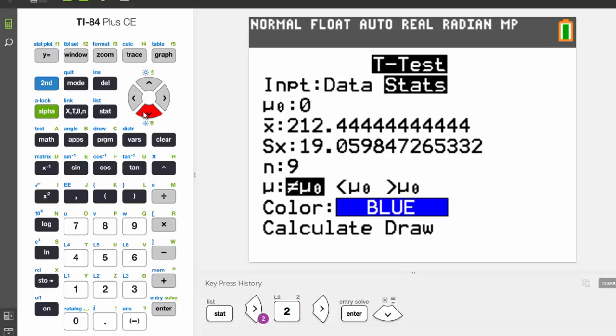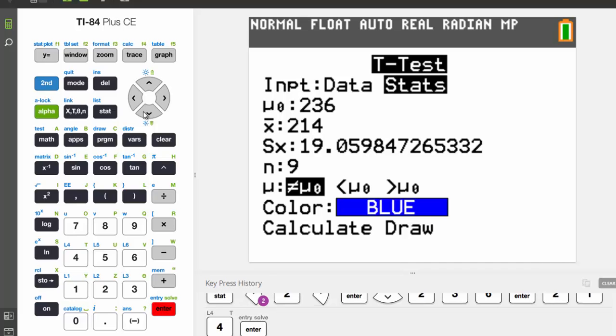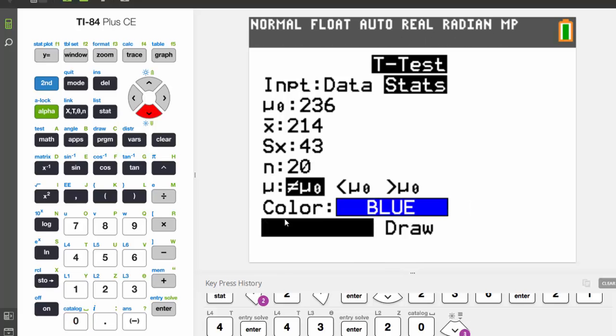Our hypothesized mean is 236. The sample mean is 214. The sample standard deviation is 43. The sample size is 20. We have a two-tailed test, so we'll make sure that not equals is selected here for the alternative hypothesis, and then we'll go down and hit calculate.